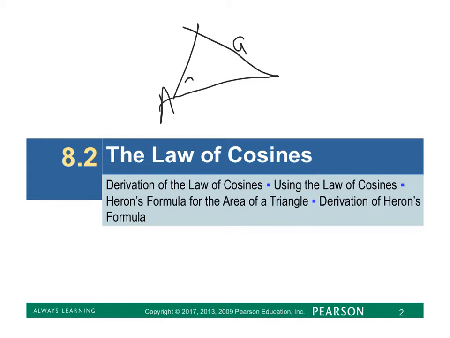Obviously you're going to have another side or another angle being used, and it really doesn't matter. I could have had angle B, I could have had angle C, I could have had side B, but I need to have three things, and two of them had to be a matching pair.